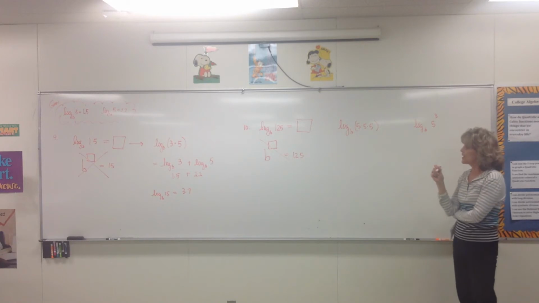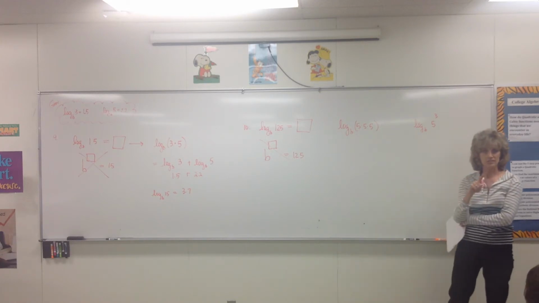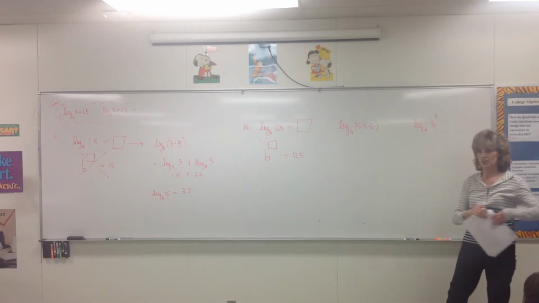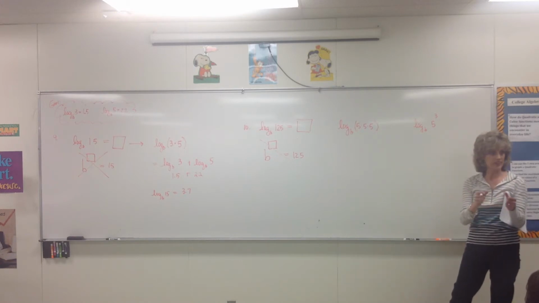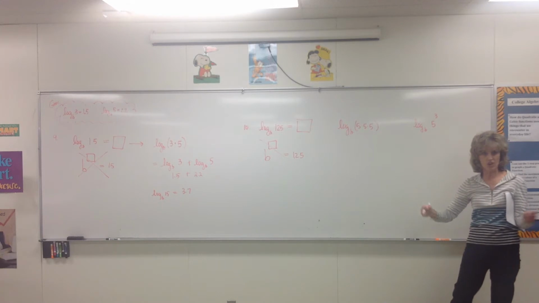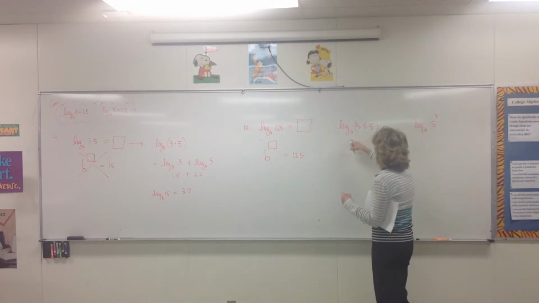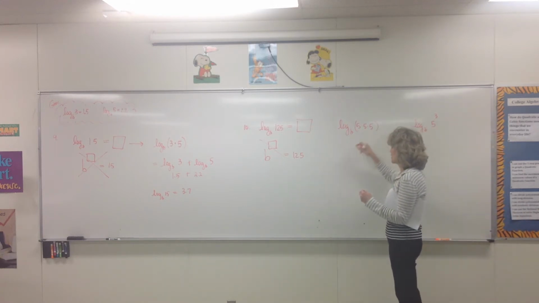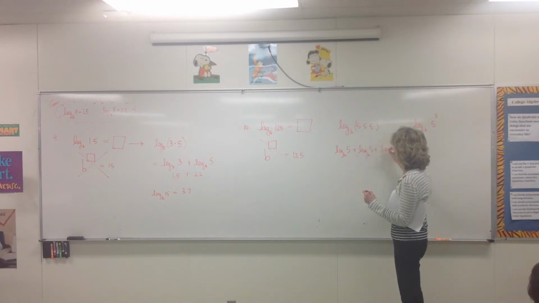If you write it as 5 times 5 times 5, then you have 1 log of a product. The log of a product can be expanded and written as the sum of logs. So log base B of 5 times 5 times 5 could be written as log base B of 5 plus log base B of 5 plus log base B of 5.